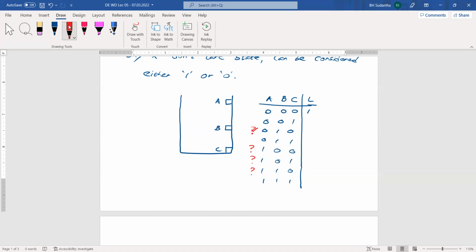Is it a possible combination in this practical situation? No, these conditions never come true. Because of that, we don't care about this. We know for sure these are not coming. This will not happen.